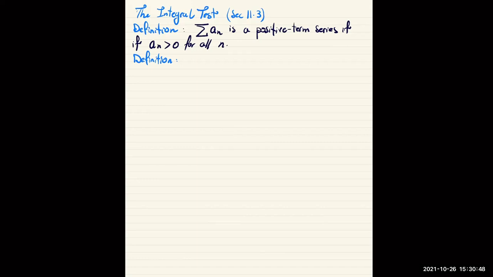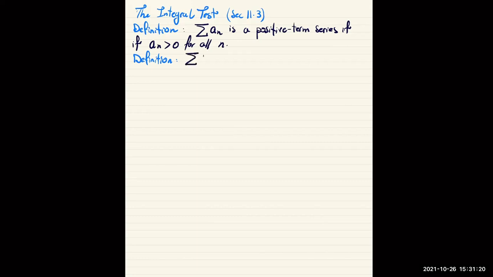We don't care about the terms for n equal to 1 through 1 trillion. We just want the series to become positive at some point, and it doesn't matter when. That's because we are doing integrals, and one of the requirements is that the integrand has to be positive, or non-negative.